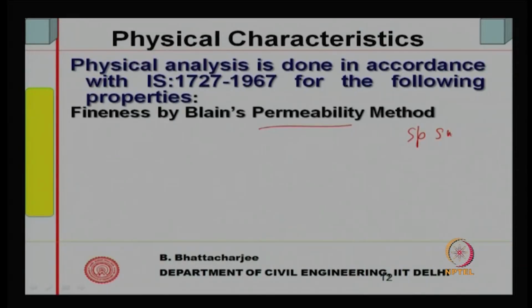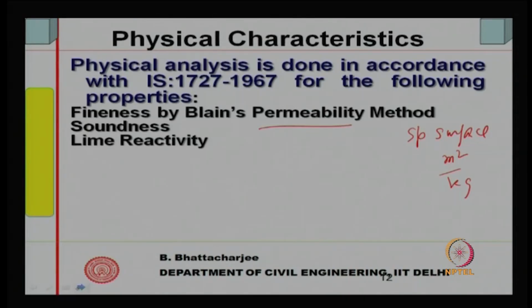So, Blaine's fineness gives us specific surface, like for cement, in meter square per kg or centimeter square per gram. So, fineness is measured by this. We measure soundness like we do for cement: are there any volume changes with certain reactions?